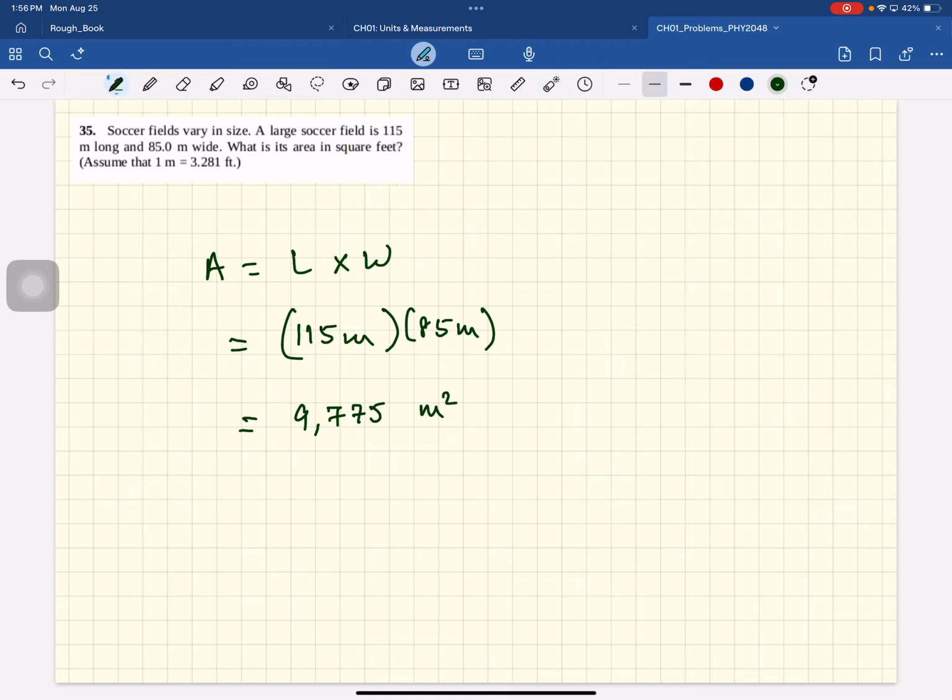So the conversion factor, to cancel the meter, is 3.281 feet divided by 1 meter. Since this is a meter square, you need to square that. The meter square cancels and you get your answer in feet square.